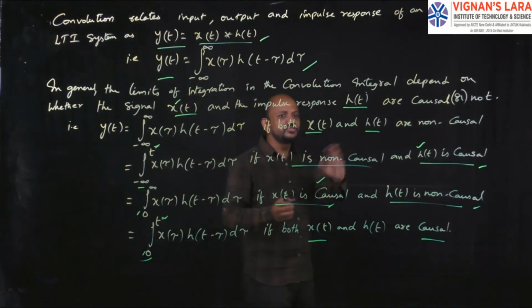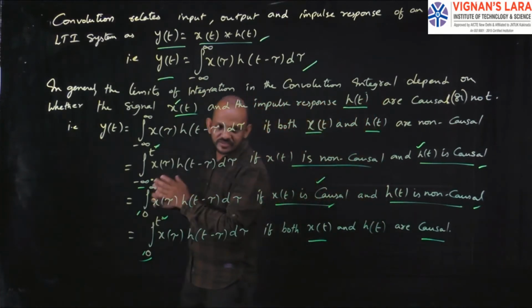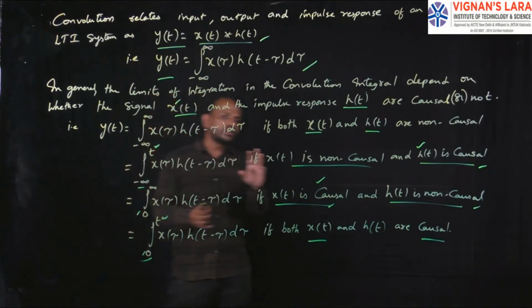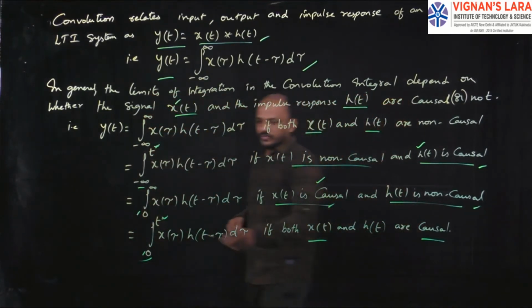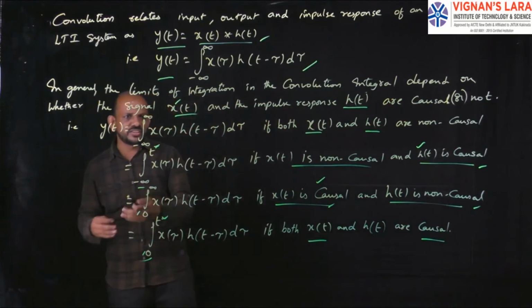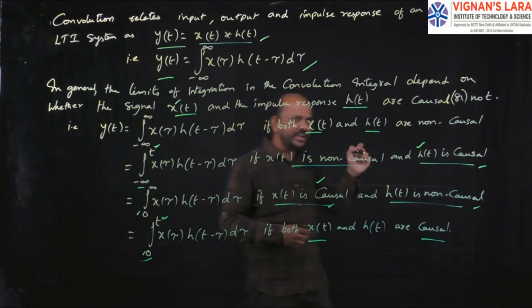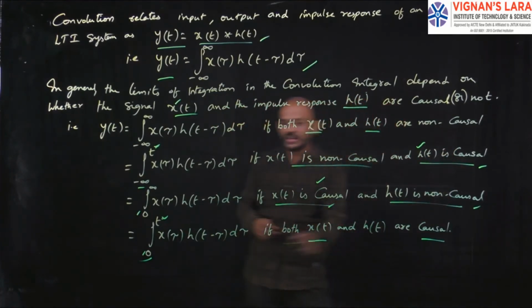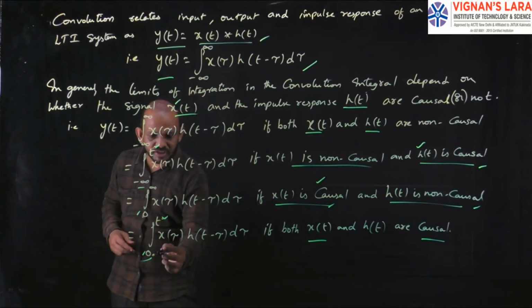For positive values only the signal is present, and for all the remaining negative t, there is no signal. So from minus infinity to 0 there will be no signal if the signal is causal, that is x of t equals 0 for t less than 0. Hence for a causal signal the lower limit starts from 0.